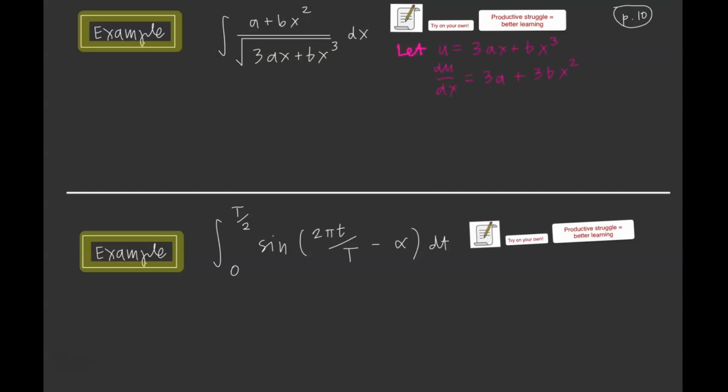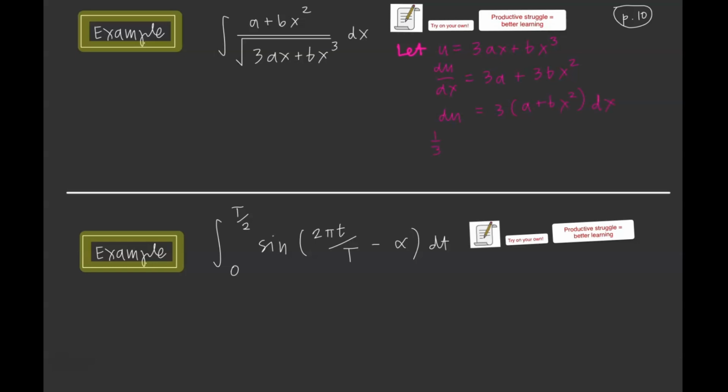And so I look at what I have up here. It's not exactly what I was hoping for, but it's very close. I have an a plus bx squared, a plus bx squared. It looks like if I factor a 3 out, then I can get very close to what this looks like. So I'm going to say, okay, du equals 3 times a plus bx squared dx.